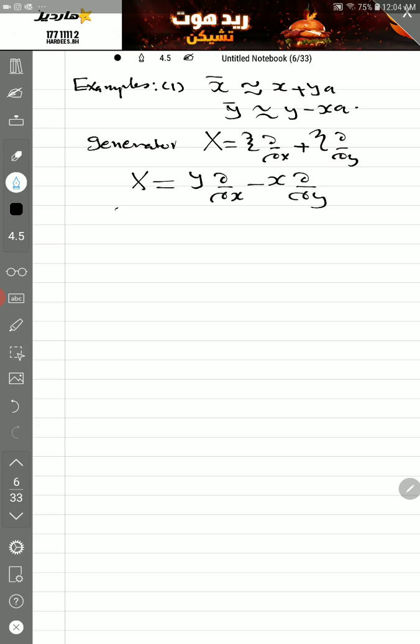Here zeta equals y, the coefficient of d by dx, and eta equals minus x.